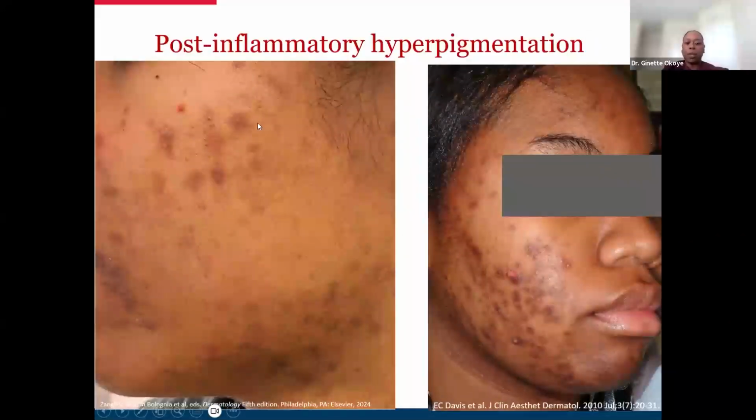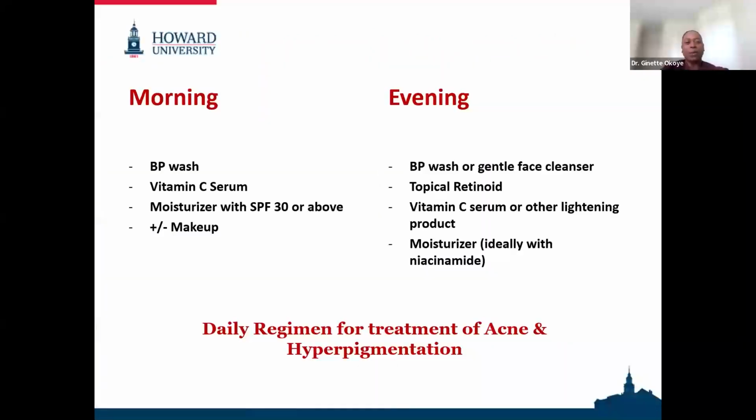And I just want to give you a few tips for post-inflammatory hyperpigmentation. So here's a way to combine your acne treatment and your hyperpigmentation treatment. In the morning, the patient could do their benzoyl peroxide wash, a vitamin C serum, some of which are really quite affordable.